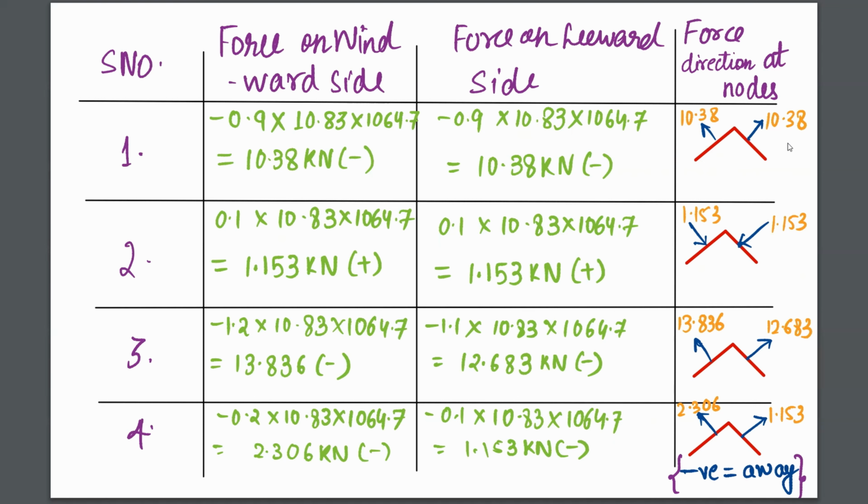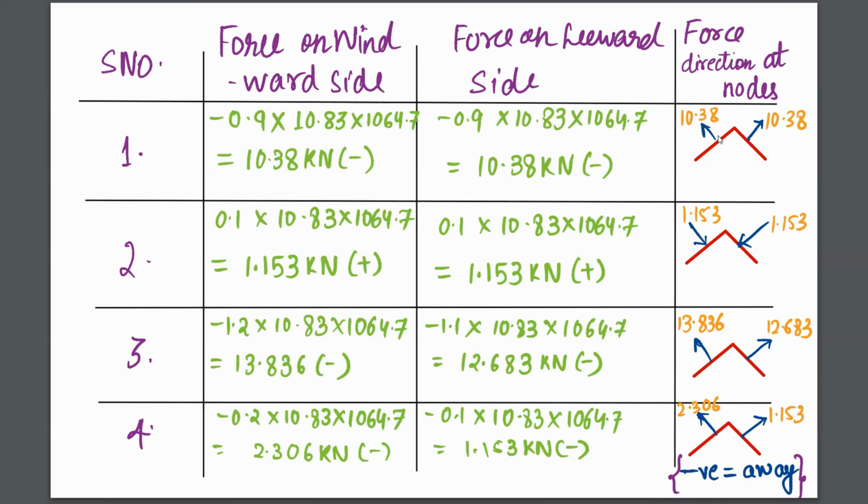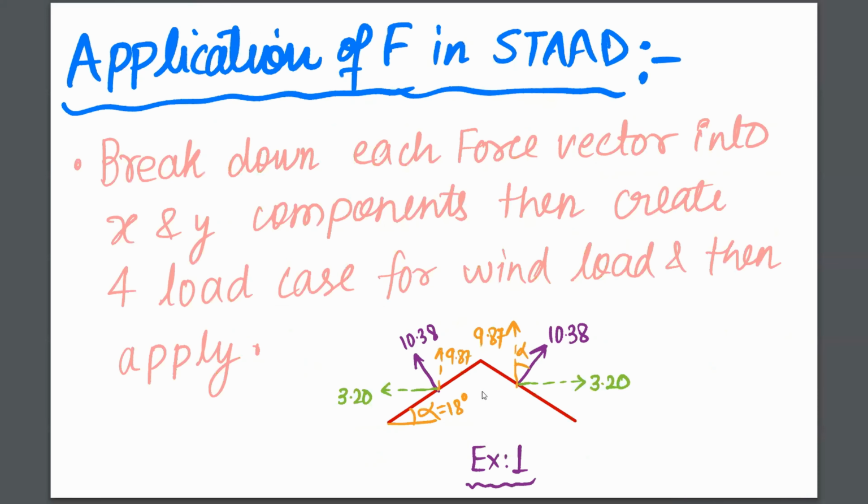Now, our final task is to break down each force vector into components. As you can see, in the first case, the value of force is 10.38 on the left side of the truss and 10.38 on the right side of the truss. So here I simply broke it down into horizontal and vertical components, because in STAAD it is easy to apply horizontal and vertical components, since it has an option available for X and Y direction.